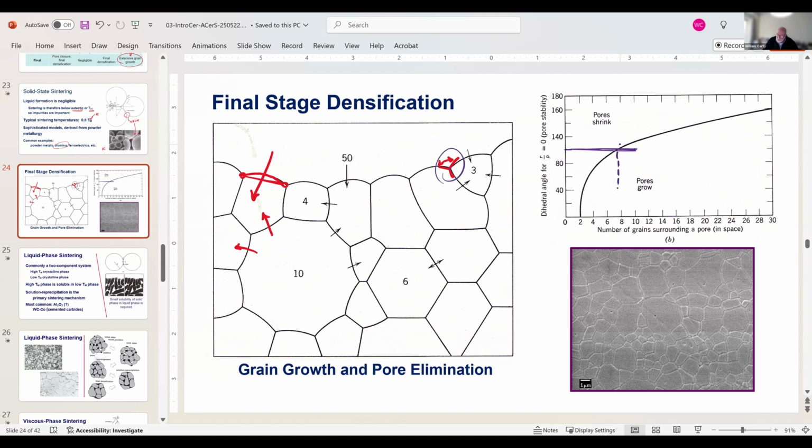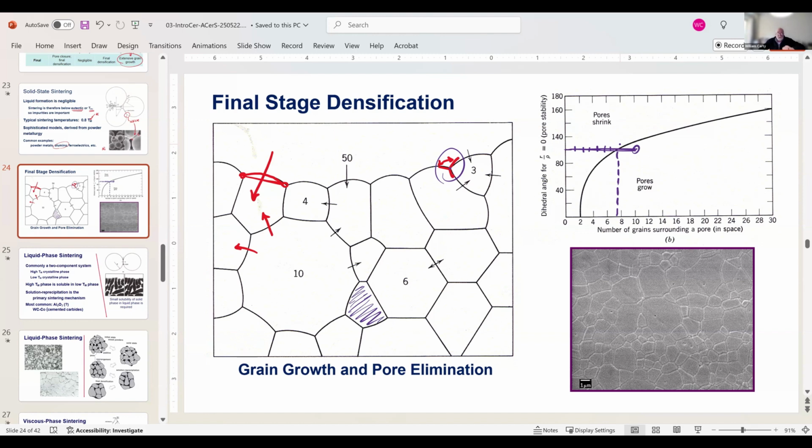Then it would tell me that any pore that's coordinated with 7 or less, sits out here, those pores will shrink. If I have a larger pore, like say 10, then it's in this pore growth regime, and that pore will want to grow. So this is a nice microstructure, this cartoon here, because you could say this is a pore here rather than a grain.